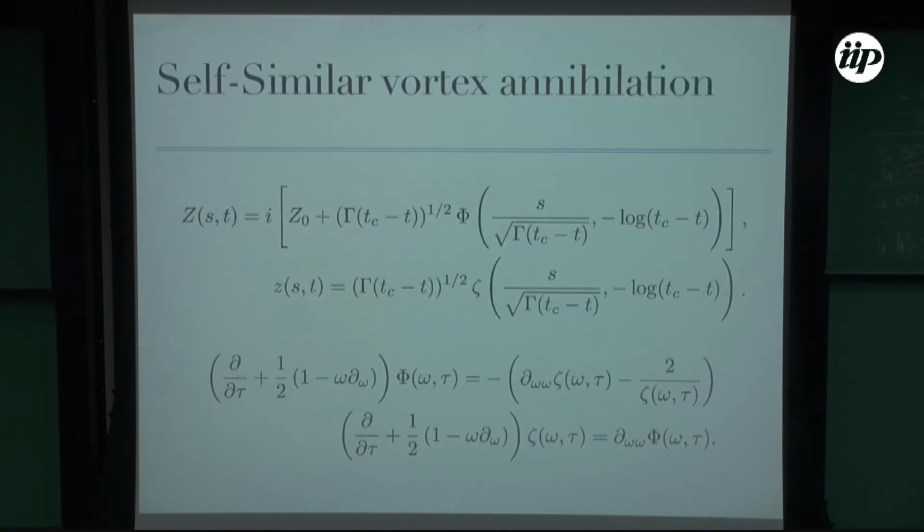the idea of these self-similar singularities, studied in fluids in the 90s by Kadanoff and his collaborators, is to guess a solution with the right scaling. And this is essentially the guess that we impose.